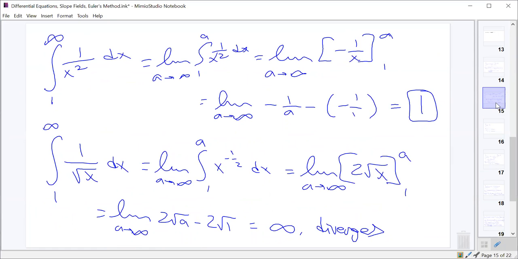Can you explain how you got from 1 over x squared to negative 1 over x? That's just the integral of 1 over x squared. Right? Oh wait, I forgot the integral sign there. Sorry. This is the power rule, negative 1 divided by negative 1. Okay, that's fine.